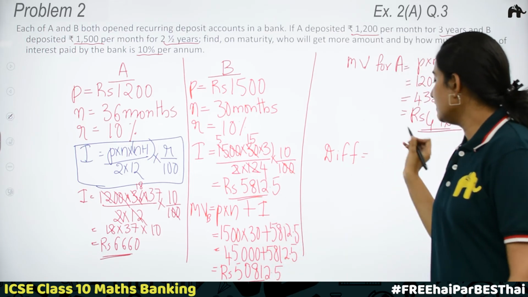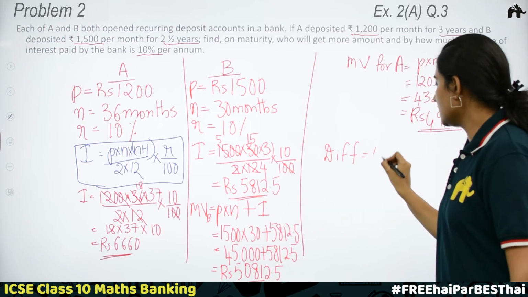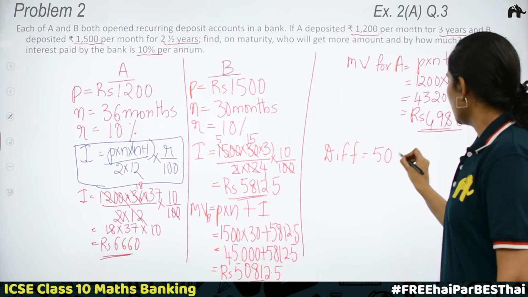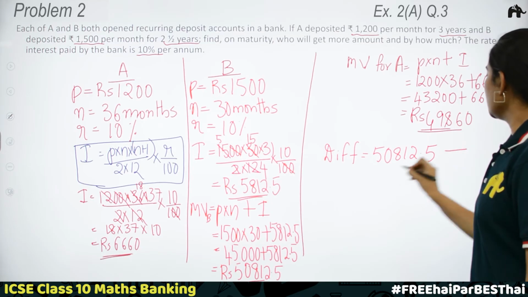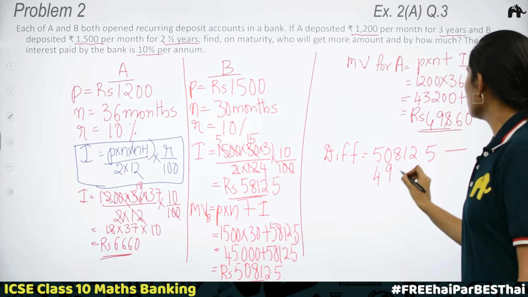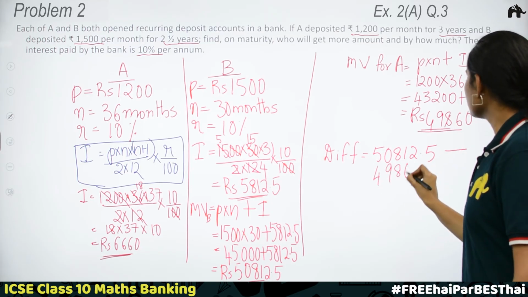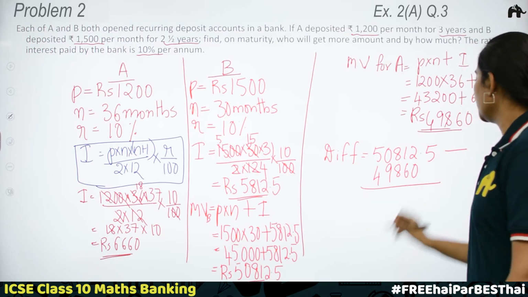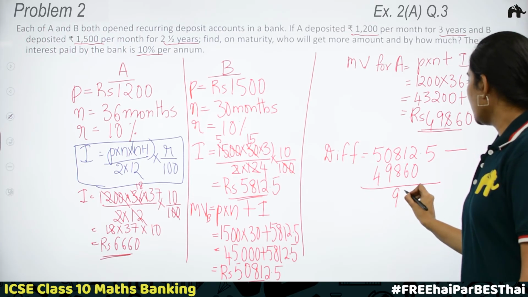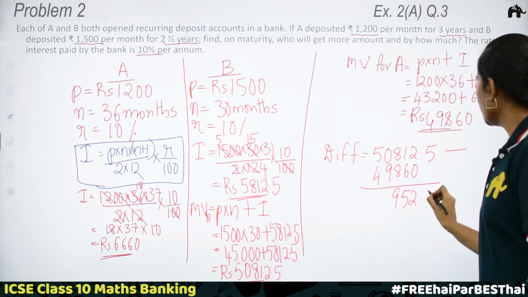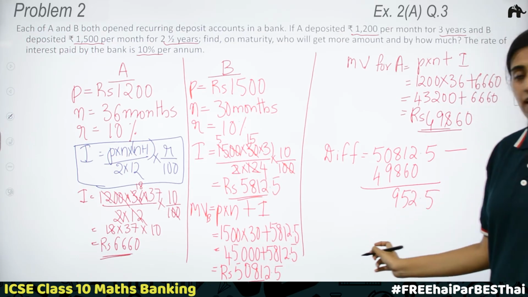In order to find the difference, just subtract. That is 50,812.5 minus 49,860. You will be getting 952.5. This is your final answer.